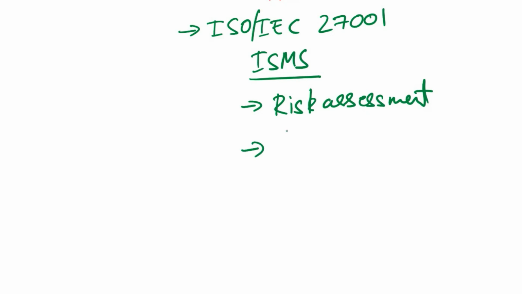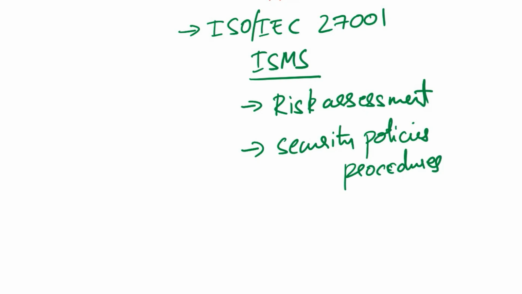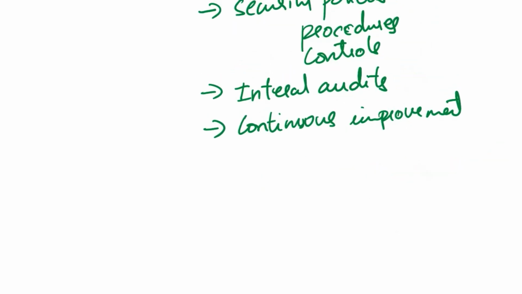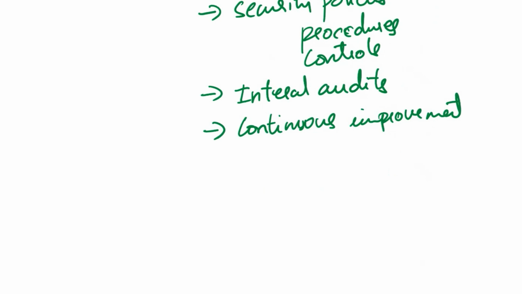Next, implement and document security policies, procedures, and controls based on the risk assessment. Next, regularly conduct internal audits to assess the effectiveness of the ISMS. Next, engage in continuous improvement by addressing identified weaknesses and evolving threats.